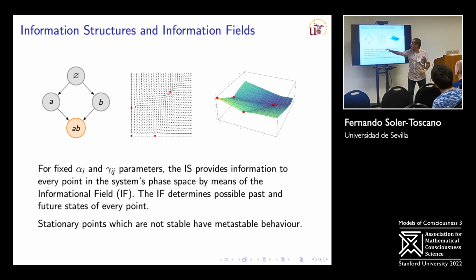If we represent the nodes with real values in the plane, we get a vector space giving the direction of change of every point in the phase space of the system, and by providing what in mathematics is called a Lyapunov function, we get an energy landscape that we call information field, because it provides information to every point.